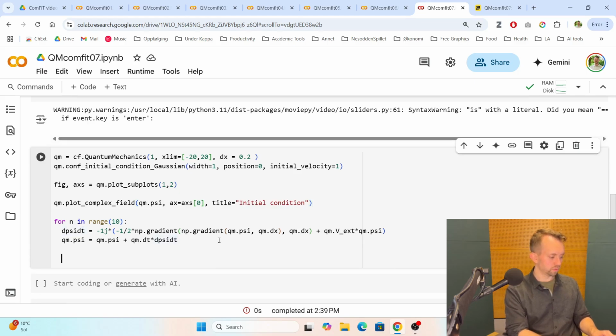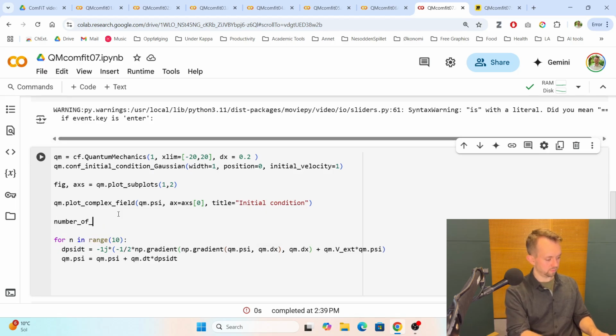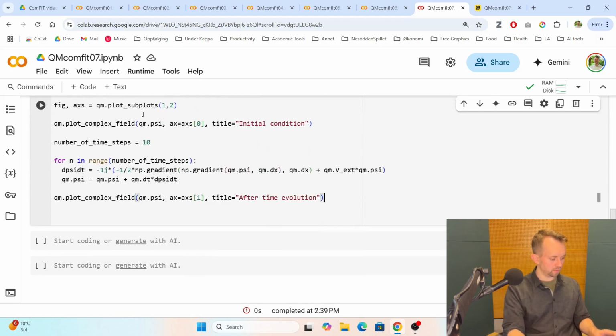And then after having evolved it for n time steps, let's add that as a variable. qm.plot complex field, qm.psi, x equal x of 1, with the title after number of time steps.